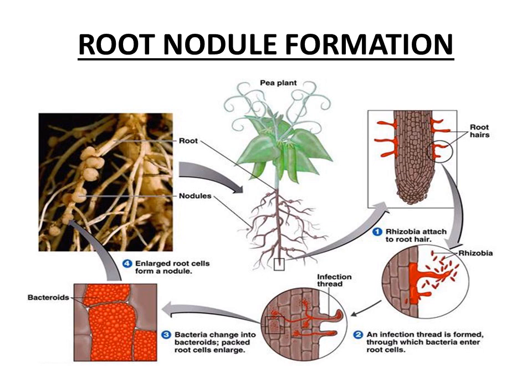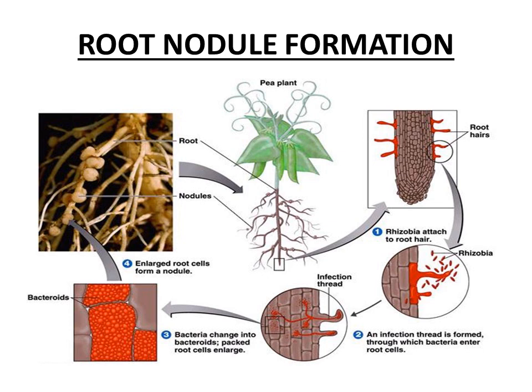The different steps involved in root nodule formation are recognition, attachment, penetration, formation of infection thread, and entry of the bacteria inside the host cell, and the bacteria gets transformed into bacteroids inside the root cell. The root cell enlarges and they form a nodule. These are the different steps involved.